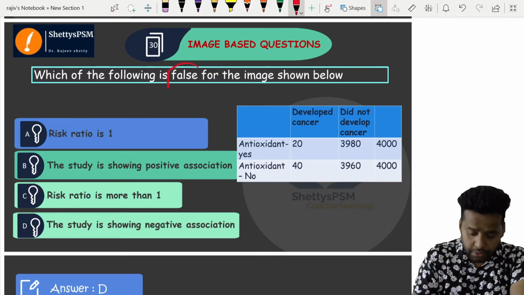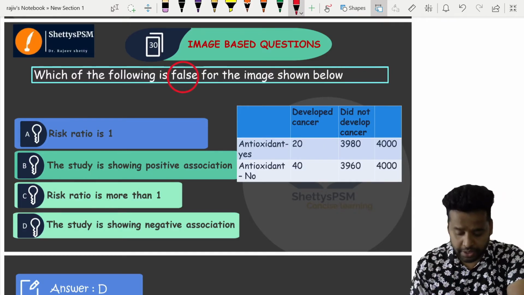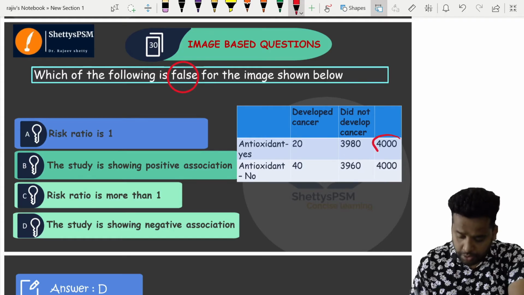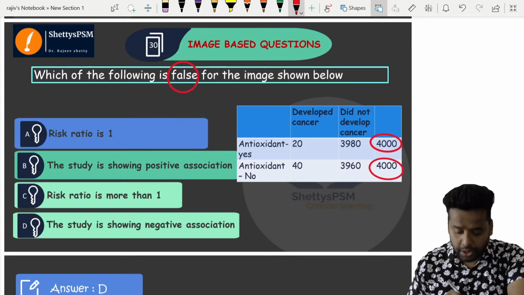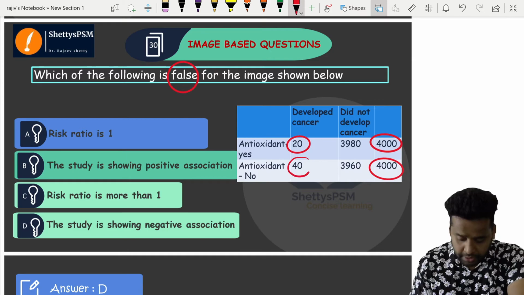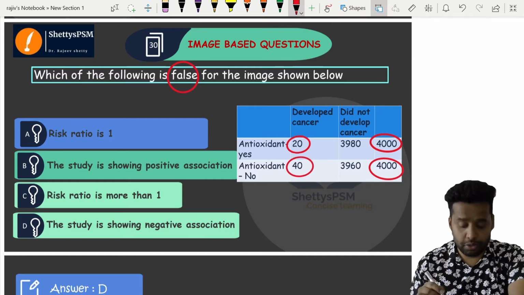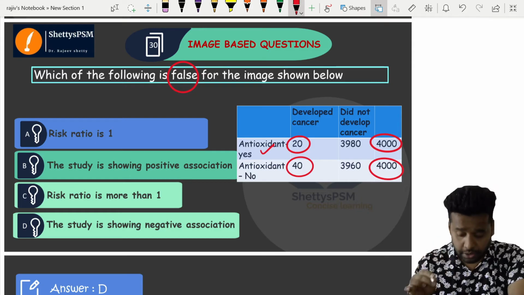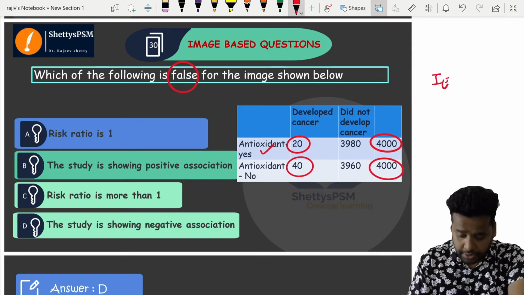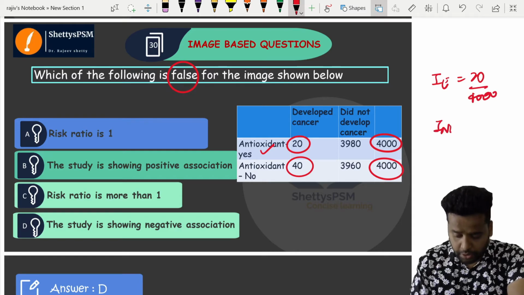Which of the following is false for the image shown below? As you can see here, exposed group, non-exposed group. Exposed group is having less risk compared to non-exposed group, meaning antioxidant is protective. Incidence in exposed is 20 by 4000. Incidence in non-exposed is 40 by 4000.